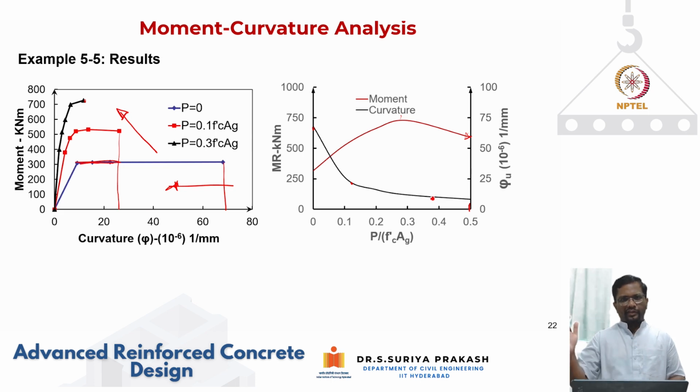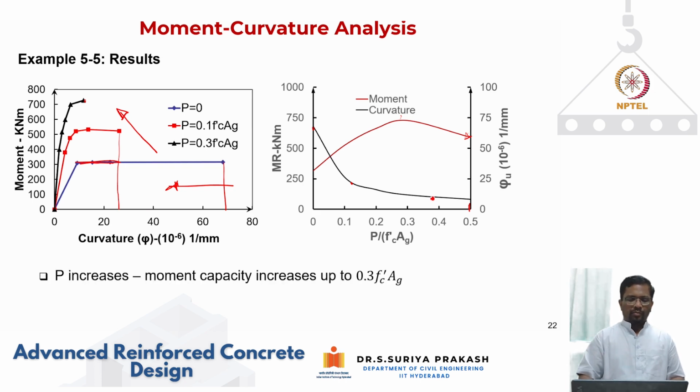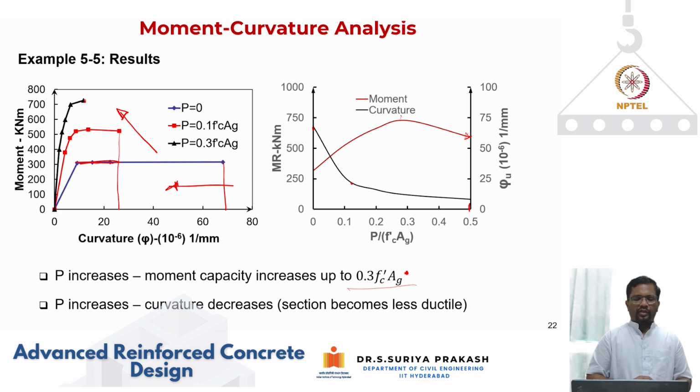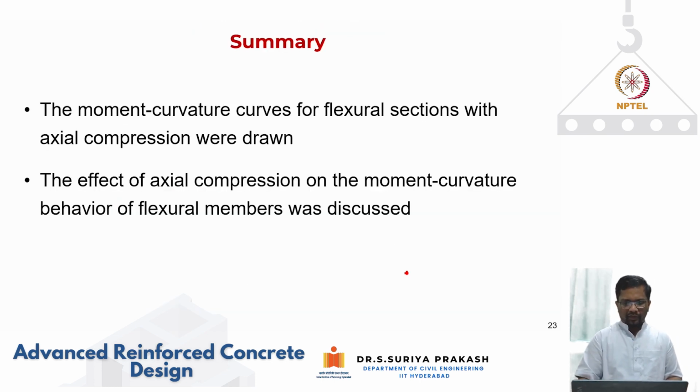With an increase in P, the curvature at failure is going to reduce, or the section is going to become more brittle. So when P increases, the moment capacity increases up to 0.3 f prime c Ag, and the curvature decreases, or the section becomes less ductile, right?